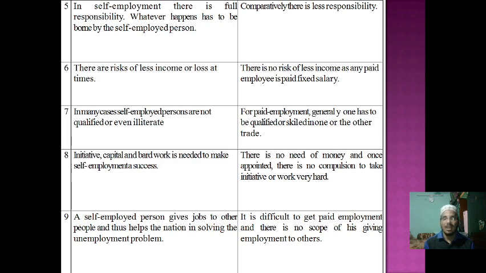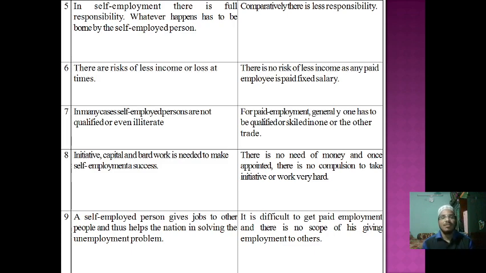These are the things for which I have to take responsibility myself. Compared to the owner, the manager has less responsibility.